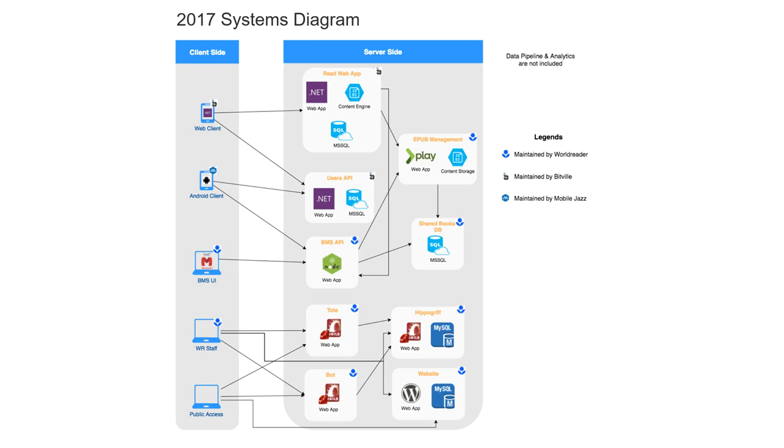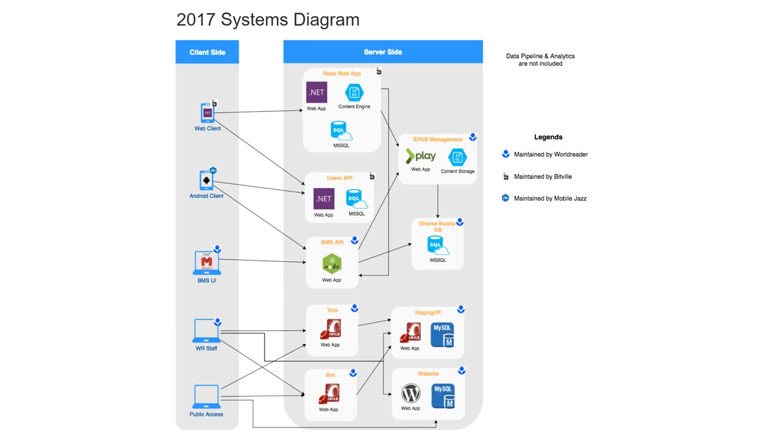Maybe this diagram is not as clear as it should be, but read.whatreader.org communicates to the read web app, and the read web app is like a proxy, among many other things, that communicates to the BMS API and gets all the lists of books, all the catalogs, and even all the files that belong to the book.